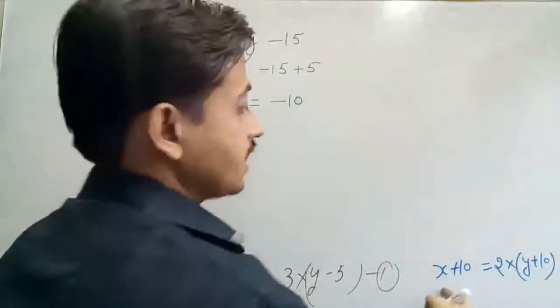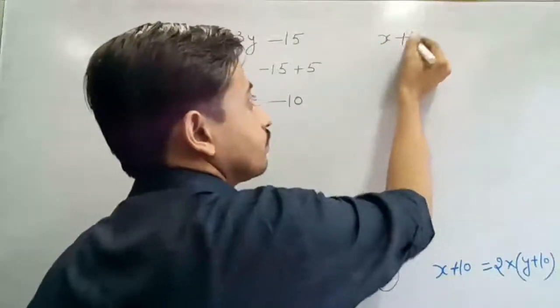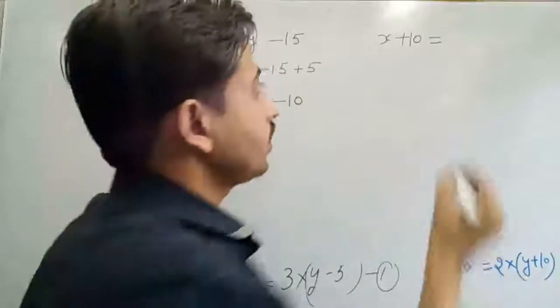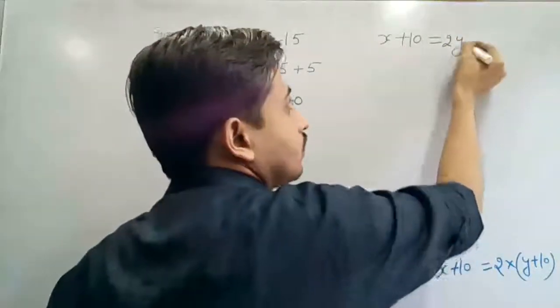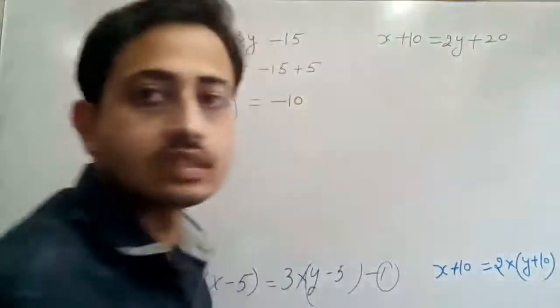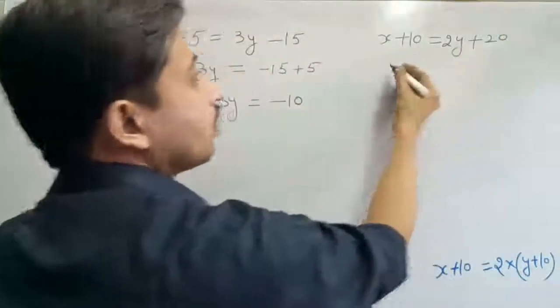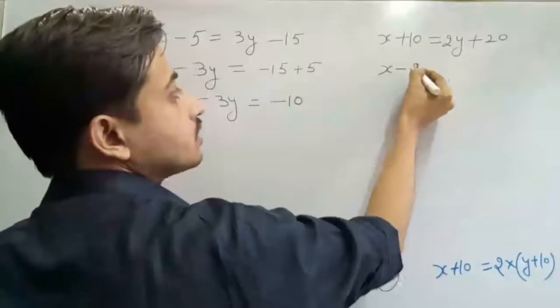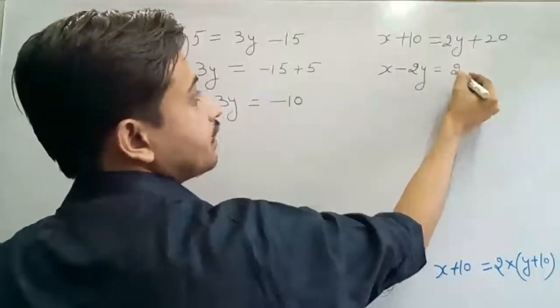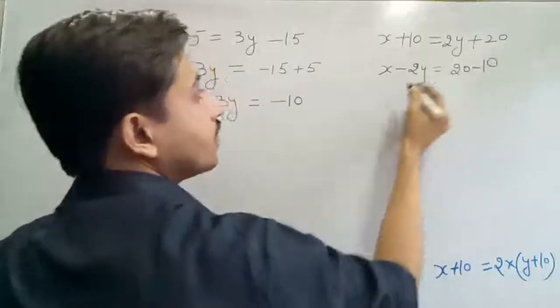Same here. Solve this. X plus 10 as it is equal to, do multiply, 2 into y, we get 2y. 2 into 10, we get 20. Make it standard form. Take the 2y on the left hand side. We get x minus 2y, and take this 10 on the right hand side. It becomes negative. So what will we get?